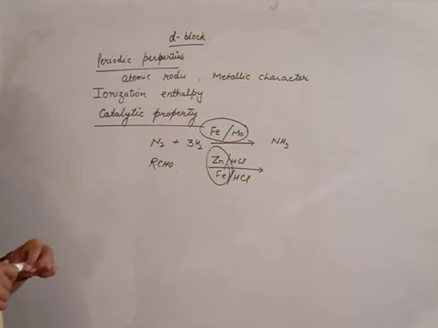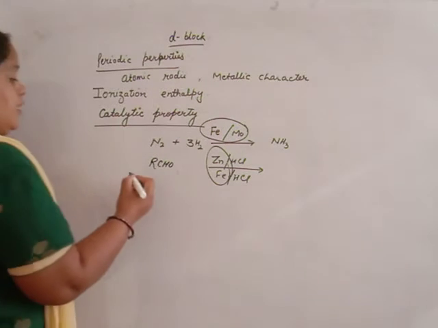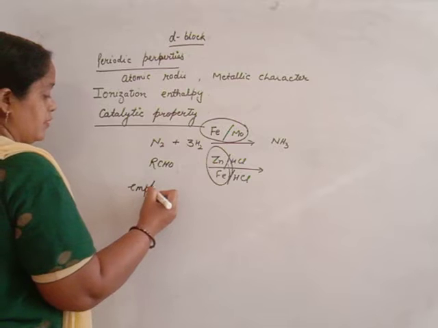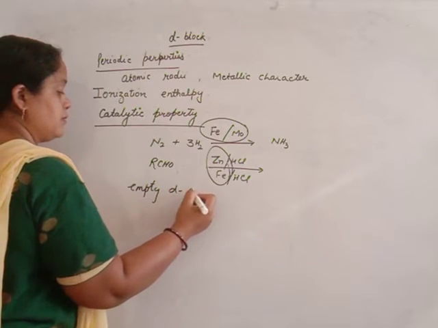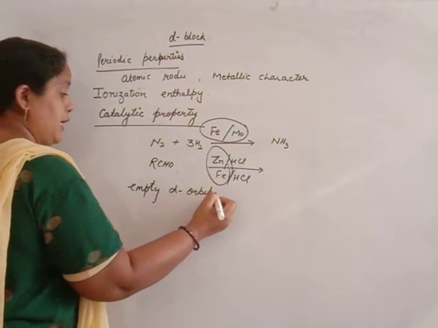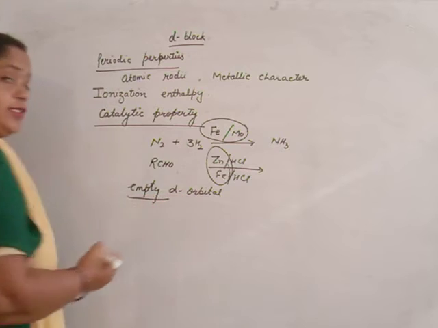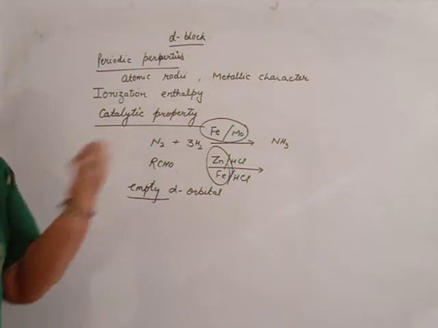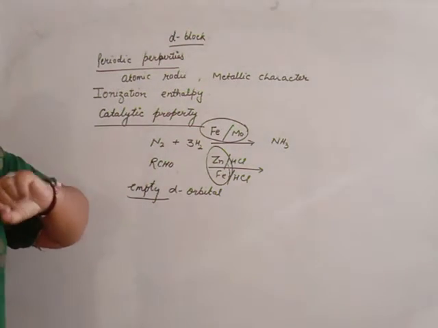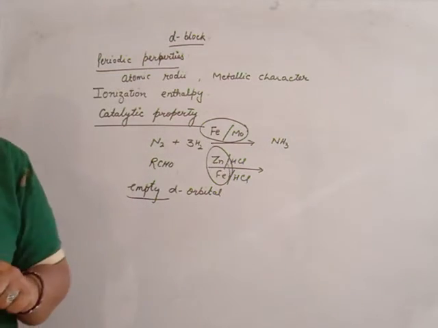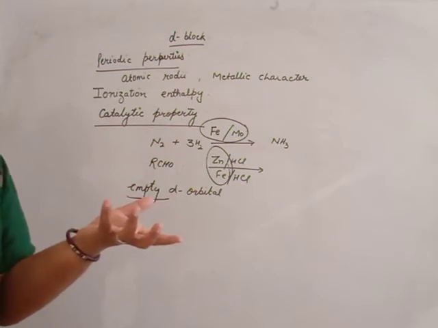Answer: because they act as intermediates between reactant and product due to the presence of empty d orbitals. They have a tendency to accept electrons from one reactant and transfer these electrons to another reactant.